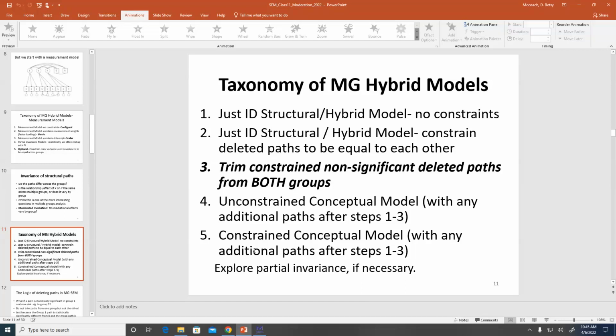Latent variable means and intercepts, observed variable means and intercepts, and variances. Are the variances different across the two groups? And then finally, you could look at whether covariances are different across the two groups. So we'll talk about what each of those things is as we go through. Does that make sense?